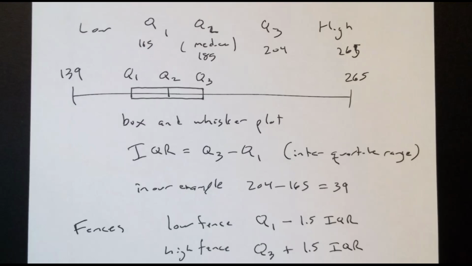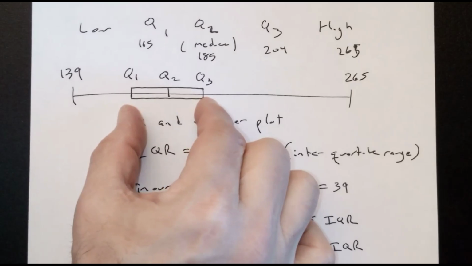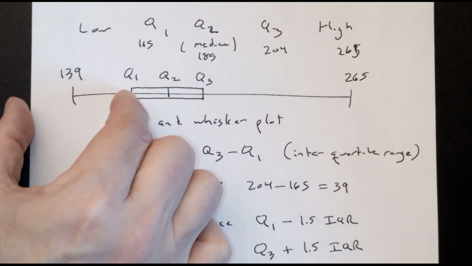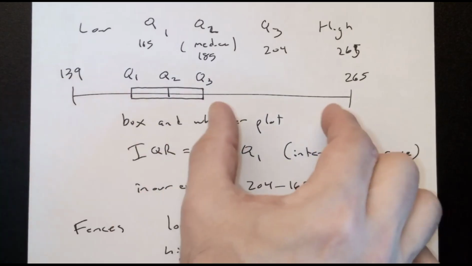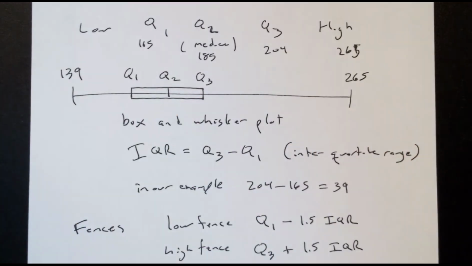So really, I'm saying if you take this whole box, stretch it by half, and move it down here, anything that's outside of that is an outlier. Anything that's outside of that up here is an outlier. In our data, what are these fences? Let's figure out what they are.